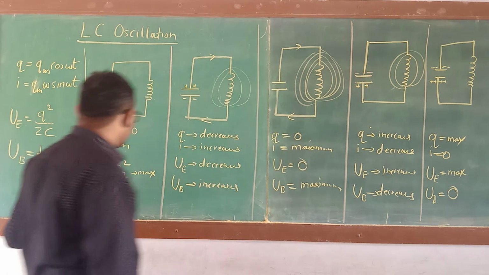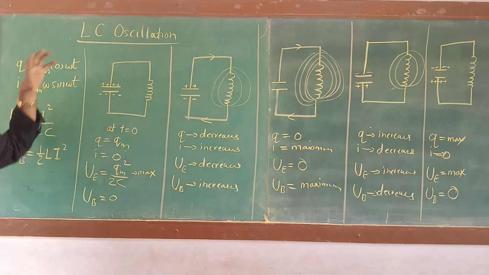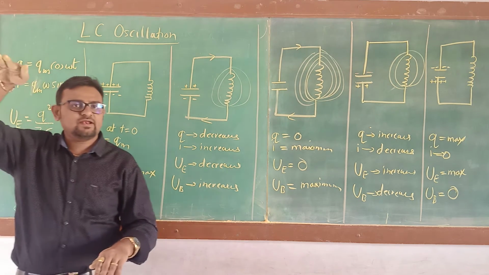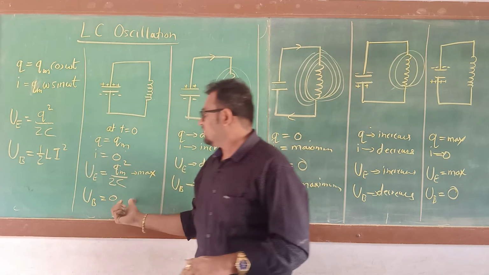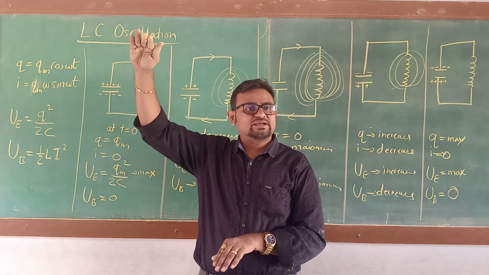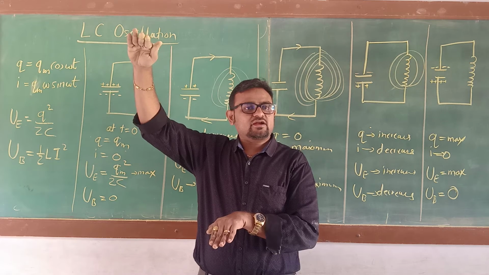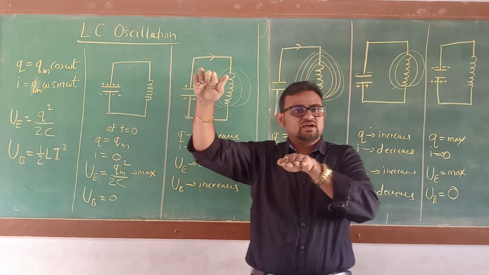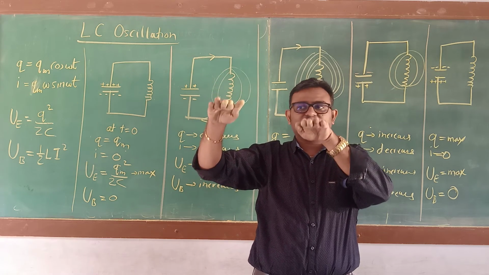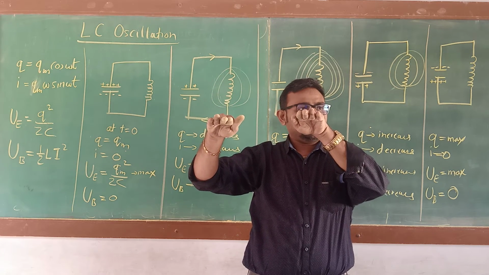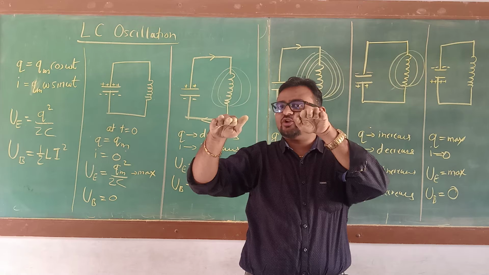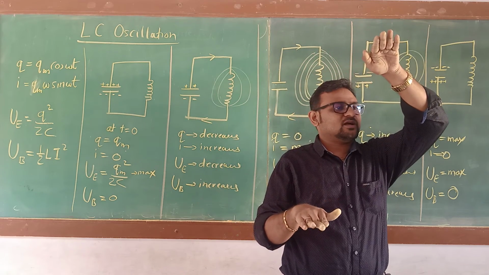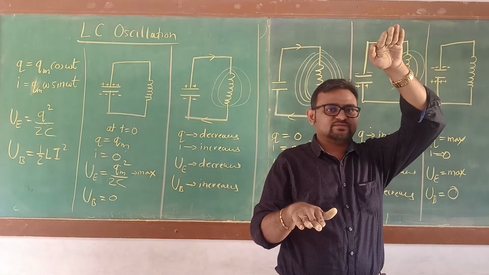Okay, so if you recall, in this case UE is maximum and inductor energy is 0. As time progresses, this decreases and magnetic field energy increases. Then again, energy stored in the magnetic field increases and in the capacitor decreases. So energy in the capacitor becomes 0 and in the inductor becomes maximum.